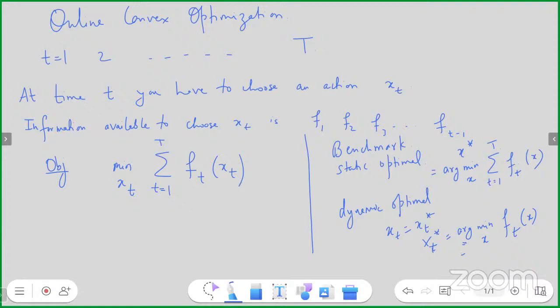So when I say come close, let's say static optimal. Let's call it x star. So this is ft of x star. This is what you are going to incur. This is what static optimal is going to incur. x star is nothing but the argmin of that. So I'm just evaluating all the ft's at x star.